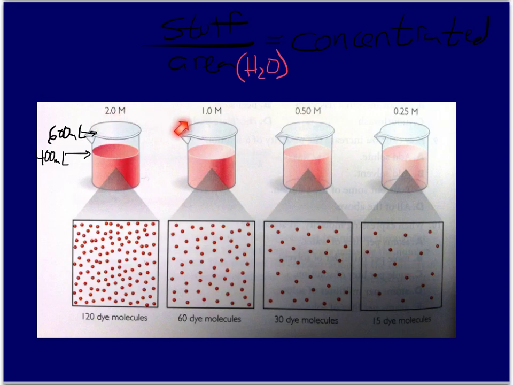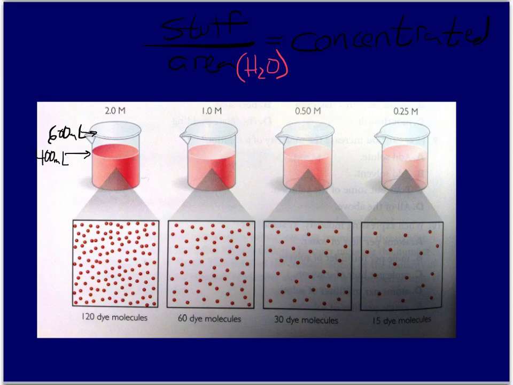The numbers up top, those are the measures of concentration that we're going to talk about. That is molarity. So this first one is a 2 molar solution, then a 1 molar, and 0.5 molar, and 0.25. So you can see as the stuff gets less, the concentration also gets less, and you can see it in those pictures. So things like salt water, you can't look at salt water and see how concentrated it is.